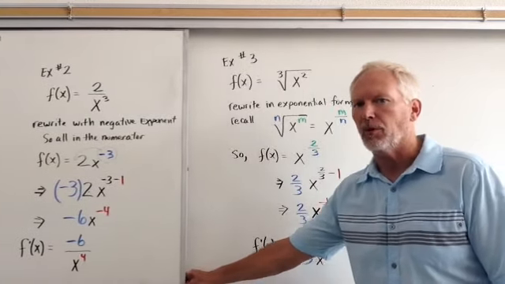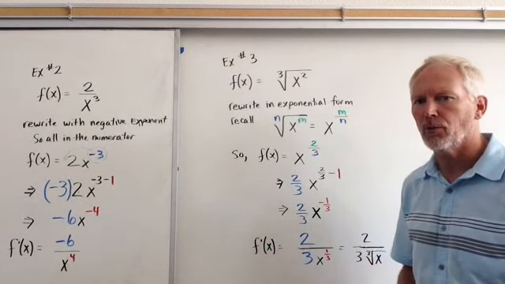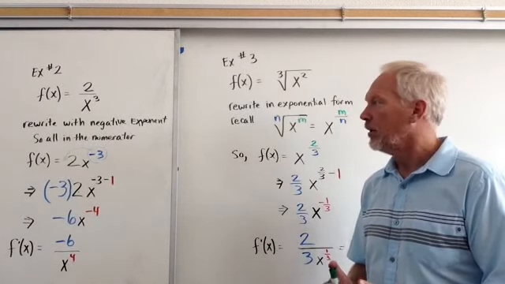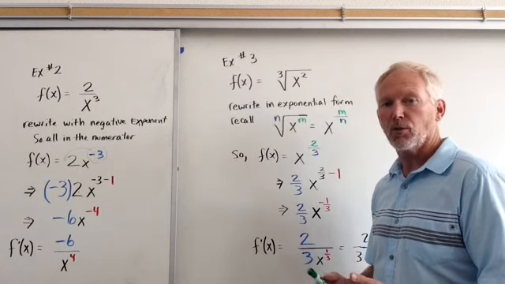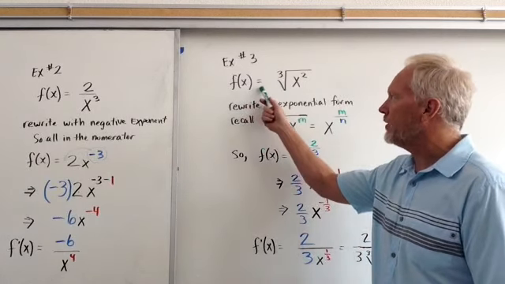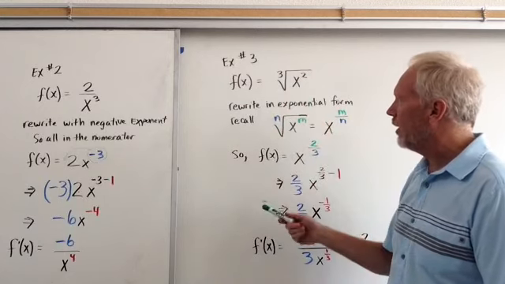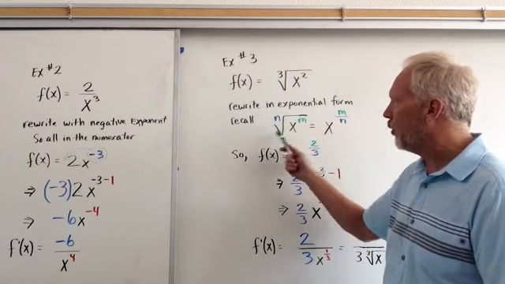Okay, final example. This involves some roots. It gets a little tricky, so you might have to recall some root rules as well. We have f of x is equal to the cube root of x squared. Rewrite in exponential form.